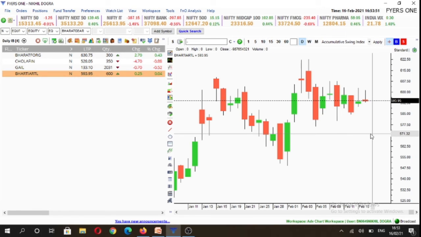We just have to mark today's high and low on the chart, and tomorrow wait for at least a 15-minute candle close in that direction, and then look for trade. If today's highs or lows are not broken and price remains within the range, that is, it's forming another inside candle, in that scenario we can refrain from making any trades.